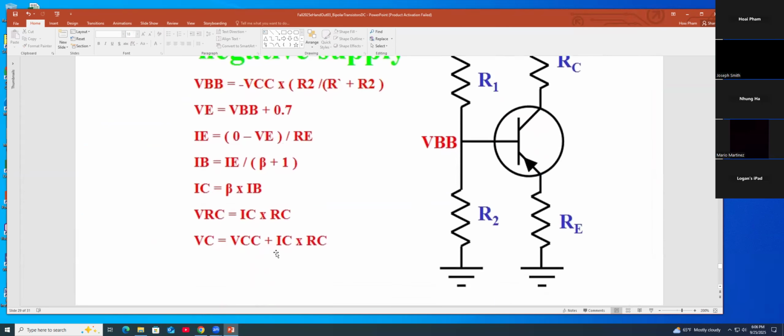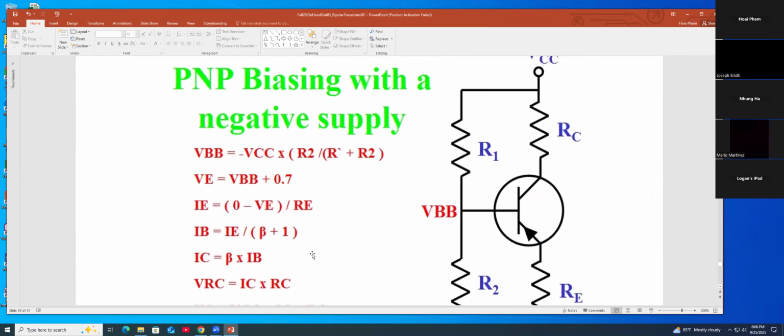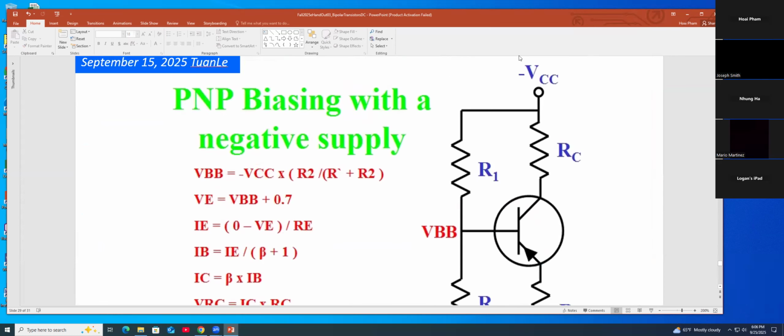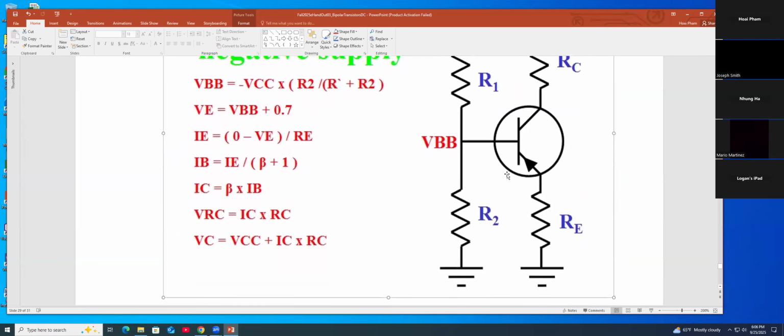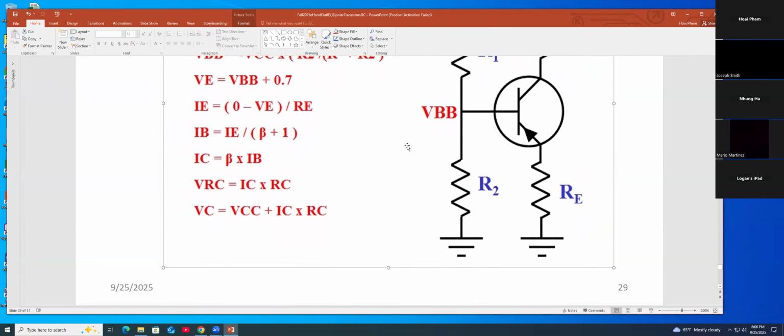Okay, this one, the only thing is they're using a negative supply on the tier. Then if you get time, you can go through the formula to calculate it. We don't care about that.